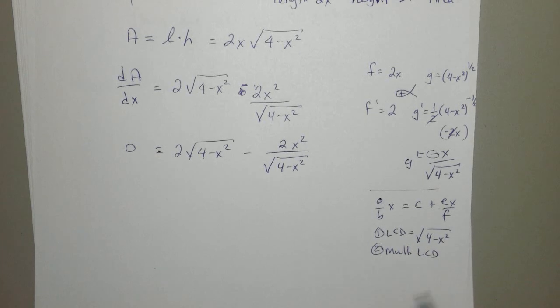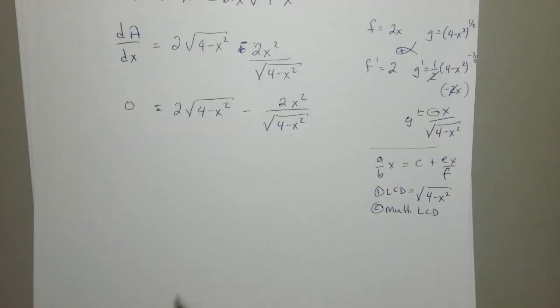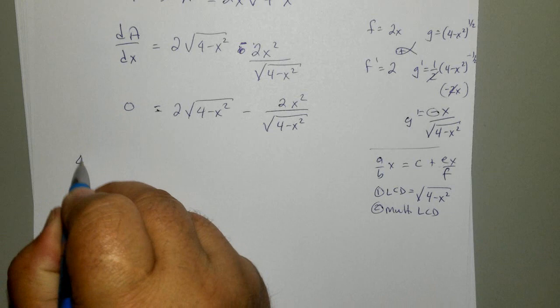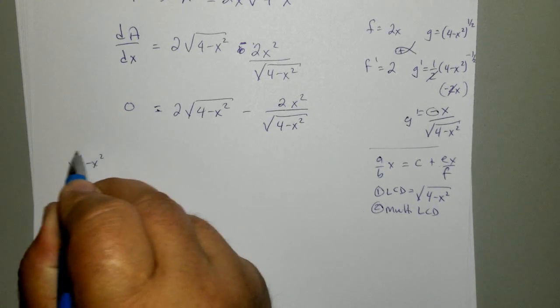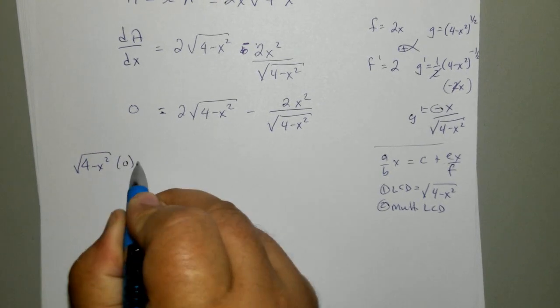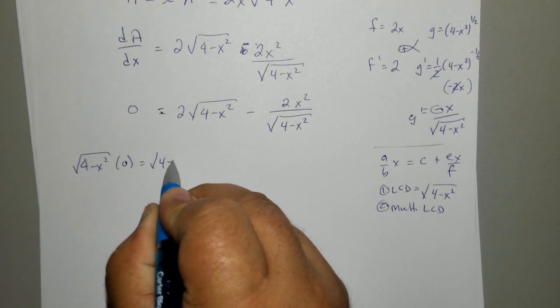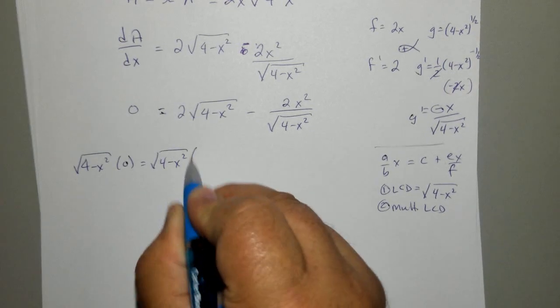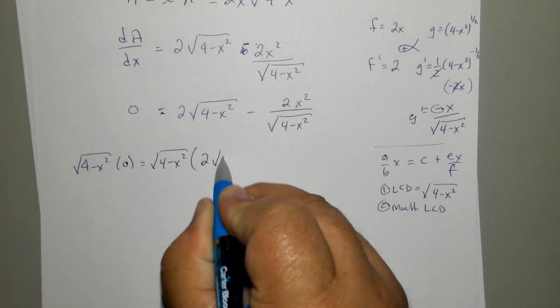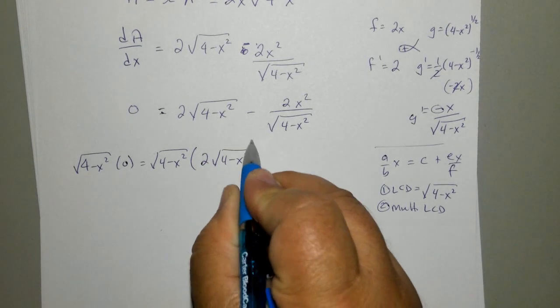Multiply the LCD to each term. So we got radical 4 minus x squared times 0. Radical 4 minus x squared times 2 radical 4 minus x squared.